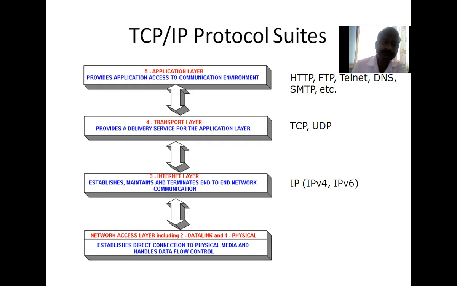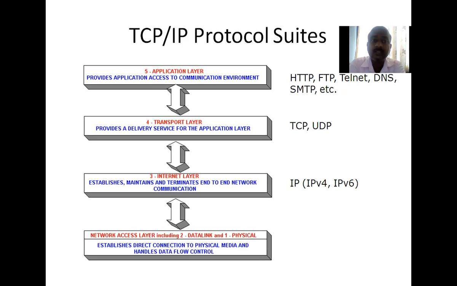See this figure. This figure is a TCP/IP protocol suite. There are 4 layers. So first layer is application layer from the top, but we are going to see from the bottom. There are 2 layers in the OSI model that are merged in the application layer.